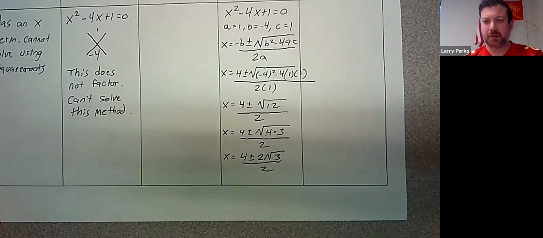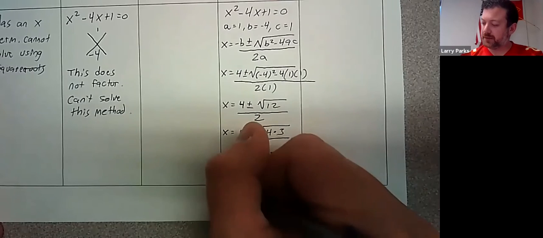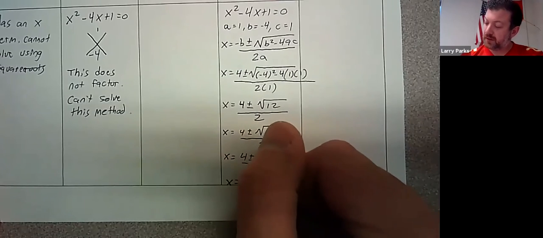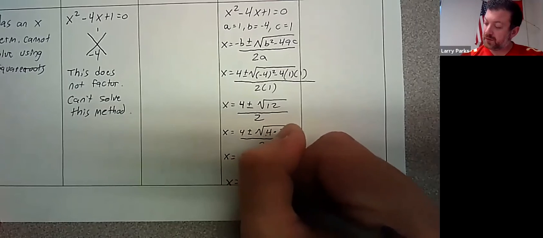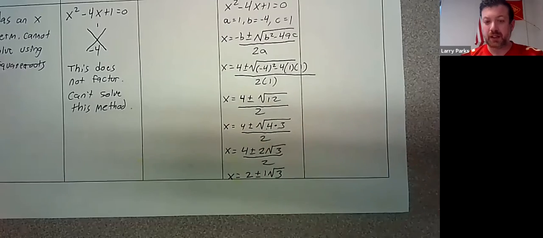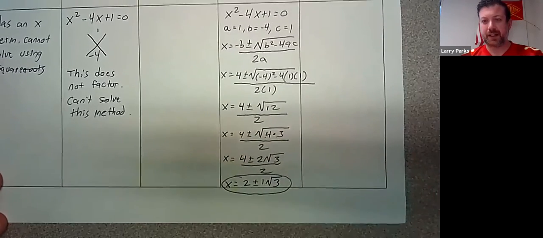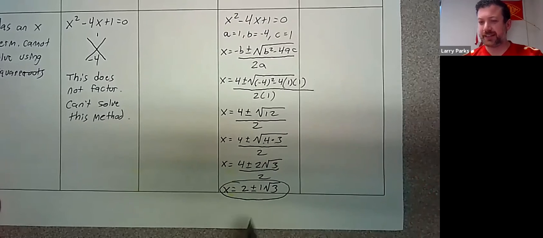And then they're all divisible by 2, so I divide them all by 2. I get 2 plus or minus 1 square root of 3 divided by 1. And you don't need to divide by 1. Like that is as exact as it gets. You don't technically need the 1.